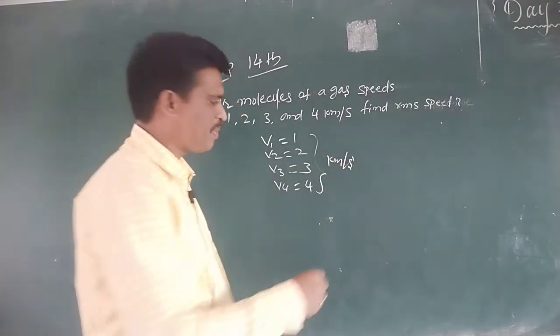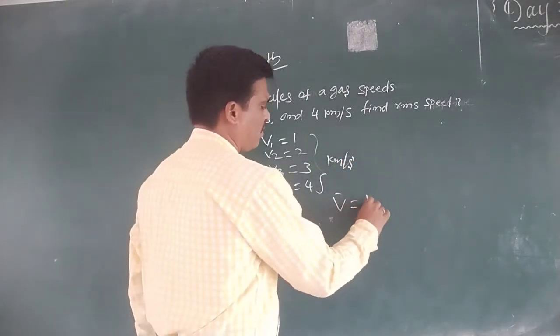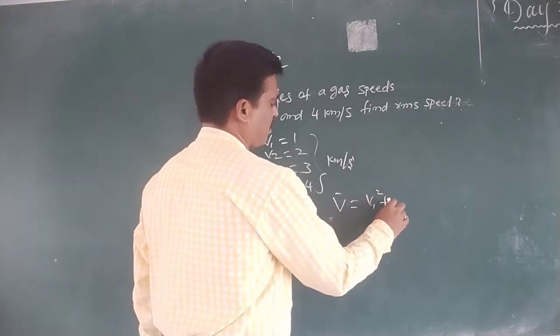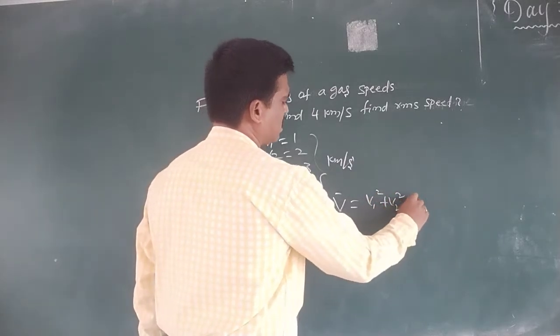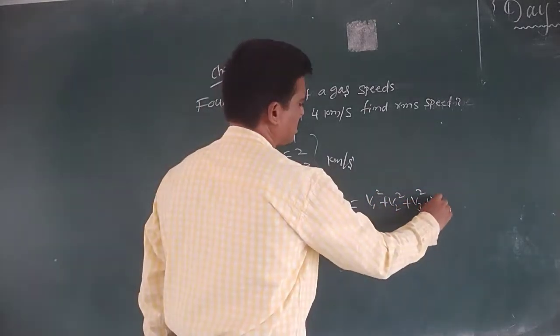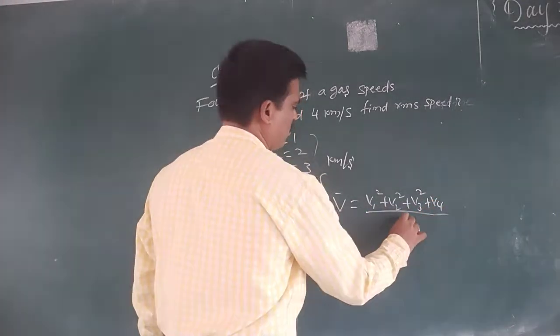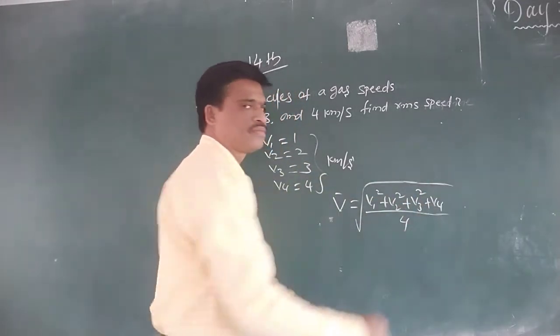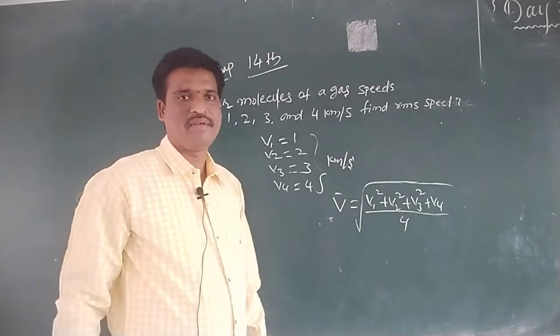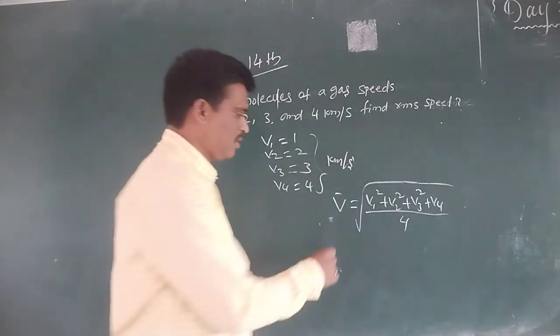To find the RMS speed, the formula is the square root of (V1 square plus V2 square plus V3 square plus V4 square) by 4. This is our formula for this problem.